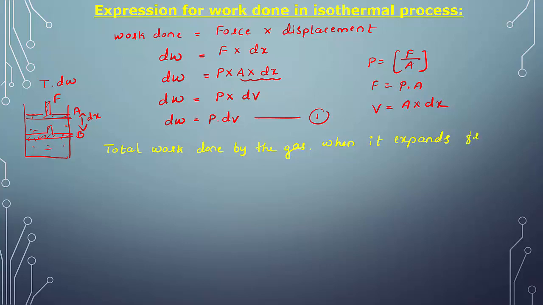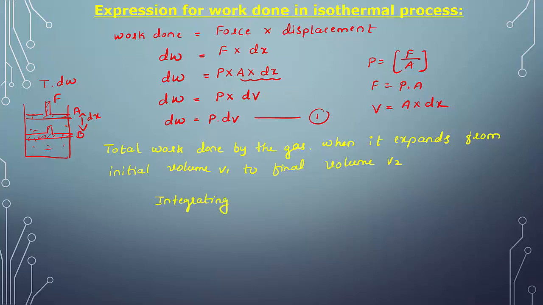When the gas is expanded, its volume increases. So we can consider it is expanding from initial volume V1 to final volume V2. When this gas is expanded from V1 to V2, how to write total work done? Total work done means we go for integration. So integrating equation 1.